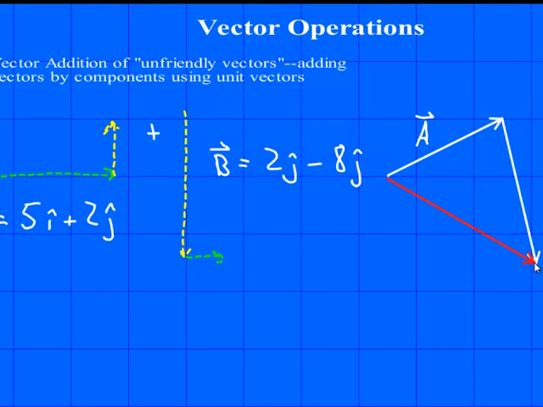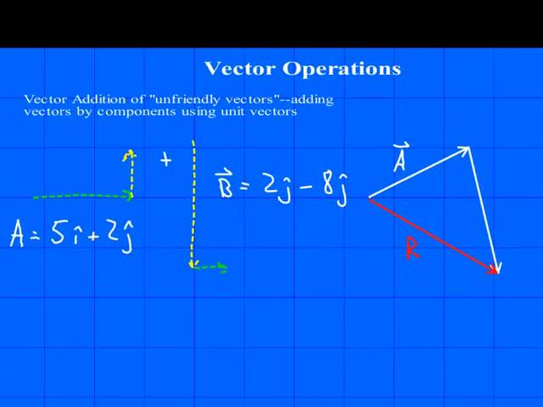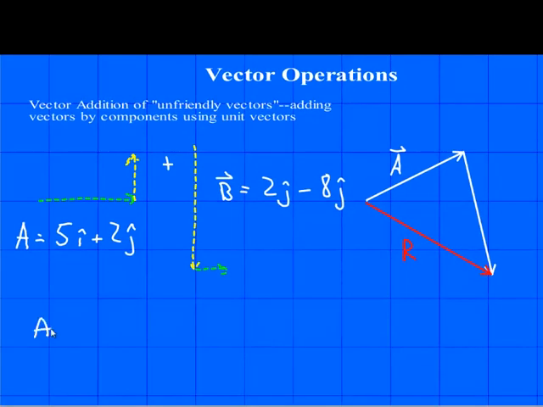Okay, but watch what you do here. Instead of doing all those sines and cosines to get the answer of this resultant in the fourth quadrant, right? You can simply add the components. Okay, so in this case, A plus B is going to look like this.